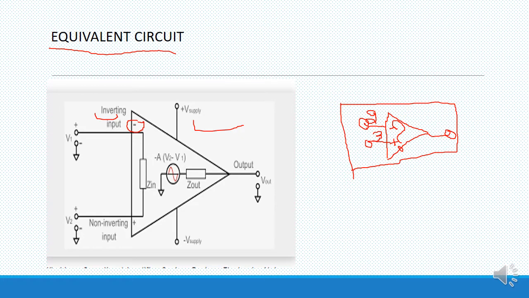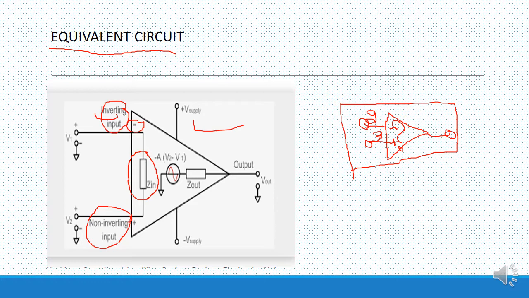That is why first we are taking inverting. So this is your inverting input and this is your non-inverting input. Here there is one resistance, called the input impedance or the input resistance. Both inverting and non-inverting are connected with the input impedance.